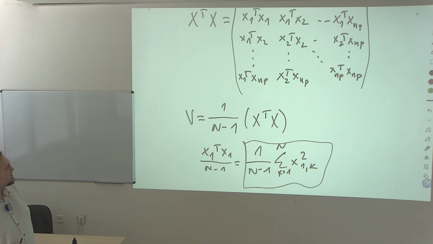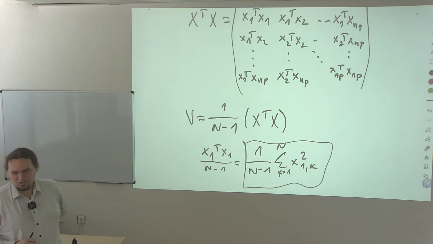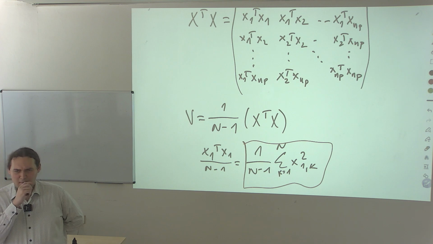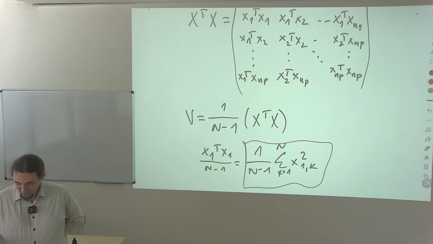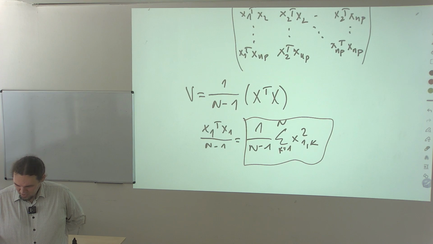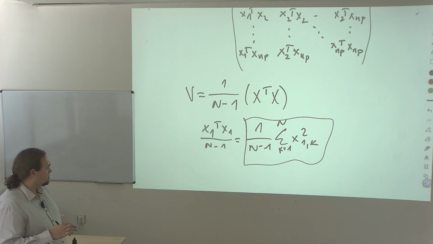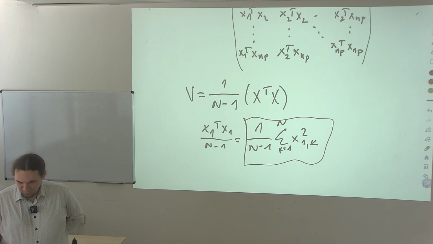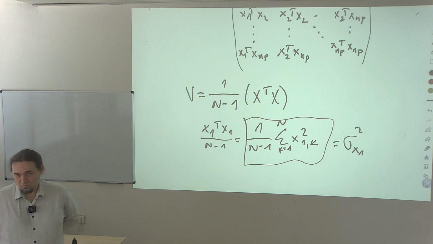Have we seen such a thing ever before? Any standard deviation? Exactly. Or, well, it would be the standard deviation if it's square rooted. This one is nothing else than the variance of x1.